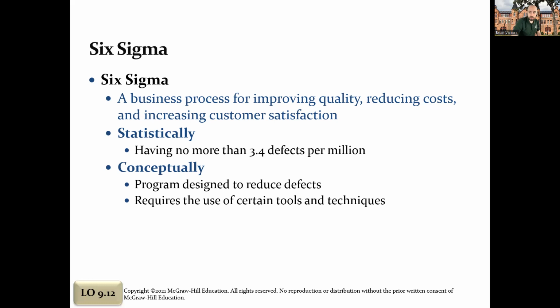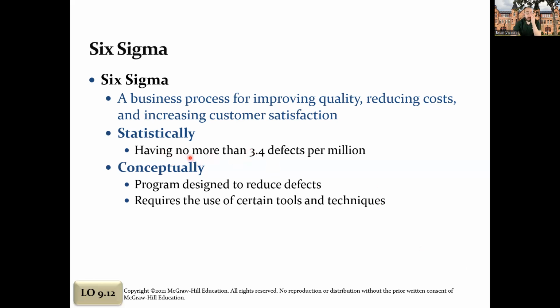The term comes from the letter sigma, which is used in quantitative methods to represent standard deviations, how far something is statistically from the mean. And so the number of sigmas or standard deviations away would encompass X number of defects. You could say that everything within 6 standard deviations would encompass all outcomes up to 99.9999999, et cetera, percent.